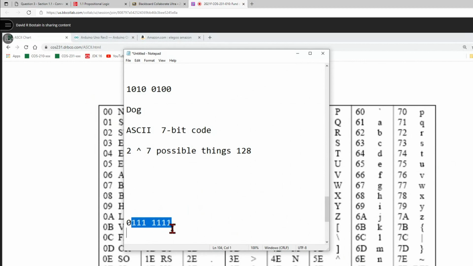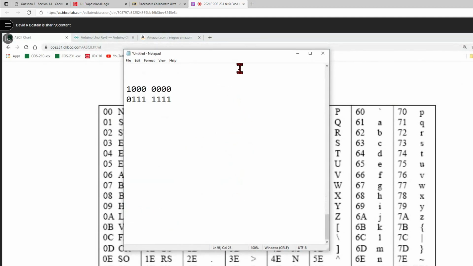That's 1 less than something because all the 1s are on. And that number is 1, 2, 4, 8, 16, 32, 64, 128. So the biggest thing in it is 127, but we also have a 0 in it. We didn't start with 1. So that means we actually did encode 128 different things, just as we promised.